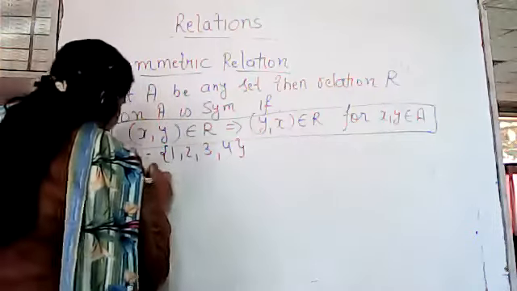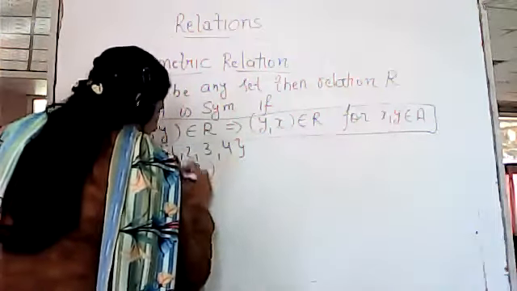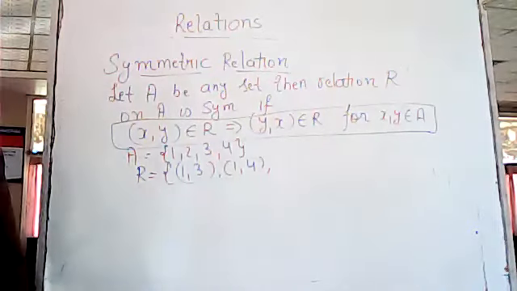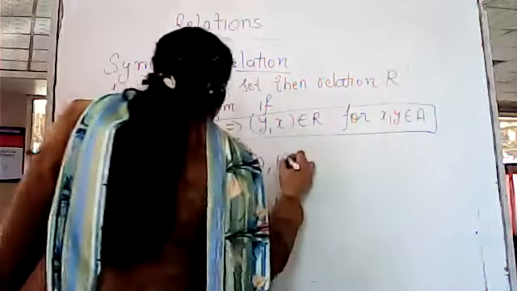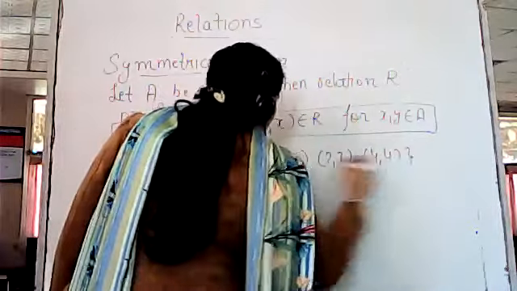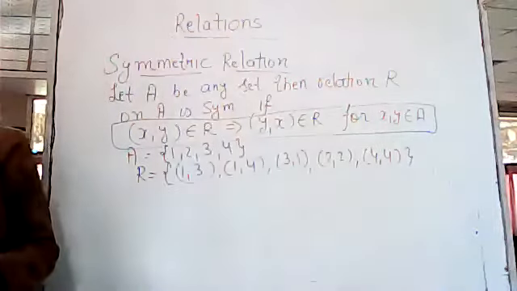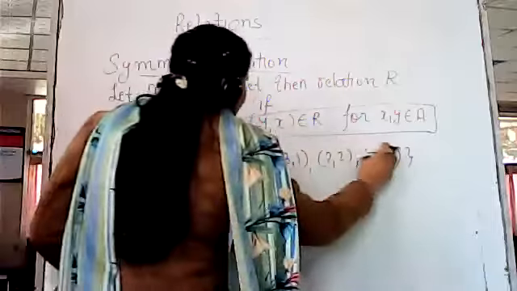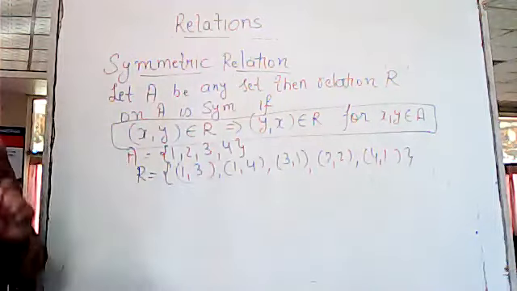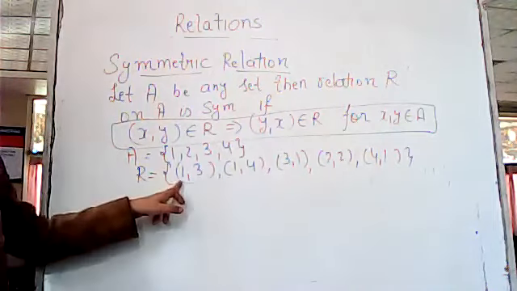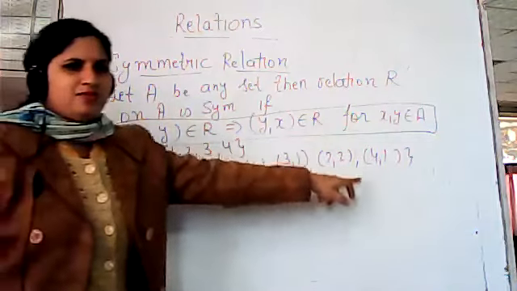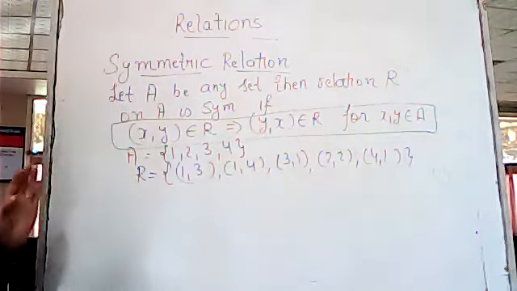And I have defined a relation R which consists of ordered pairs 1, 3, 1, 4, 3, 1, 2, 2, and 4, 1. These are the ordered pairs of the relation.